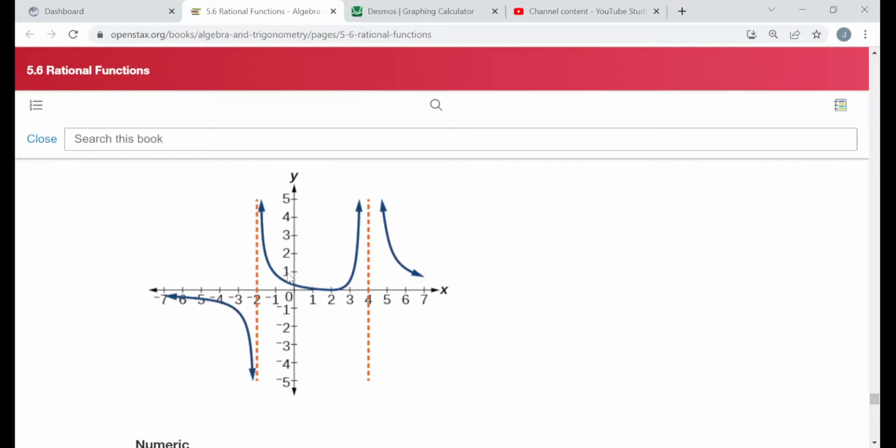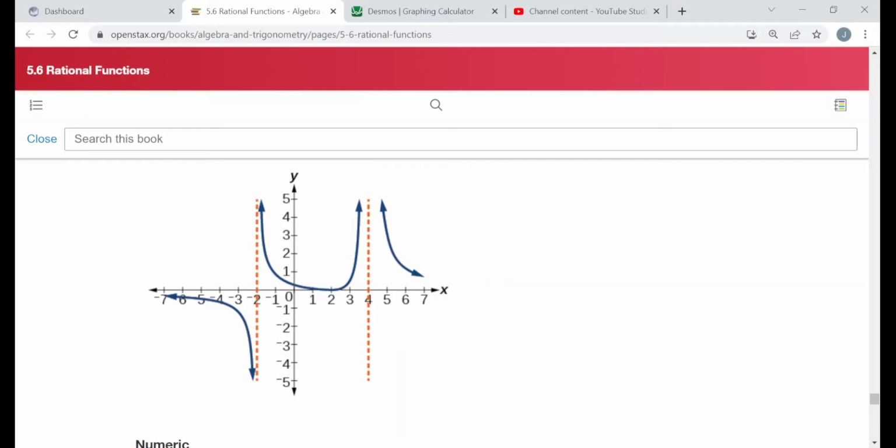So I'll pick negative 1, 1 because it looks like the horizontal asymptote is the x-axis, y equals 0, and all that means is that the denominator is going to have a higher degree than the numerator. Right. So I'll use the point negative 1, 1 just because it looks close.